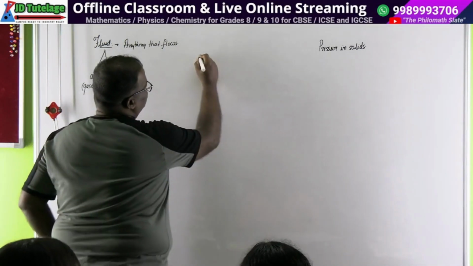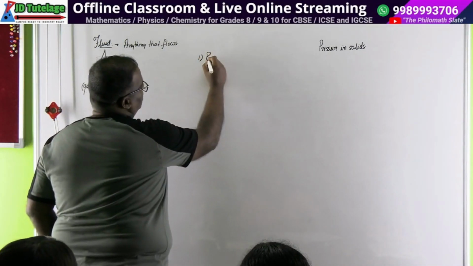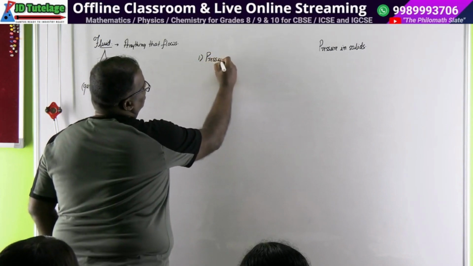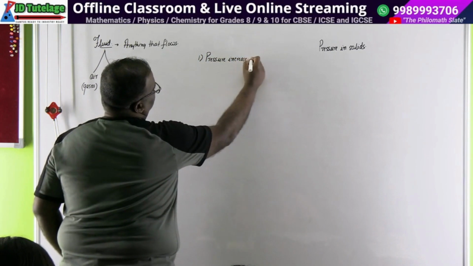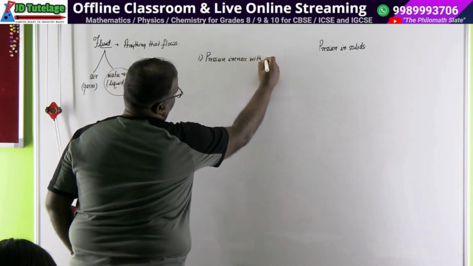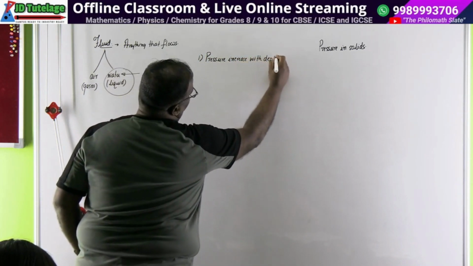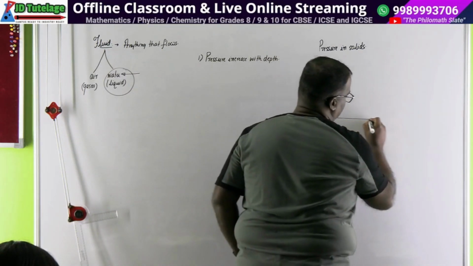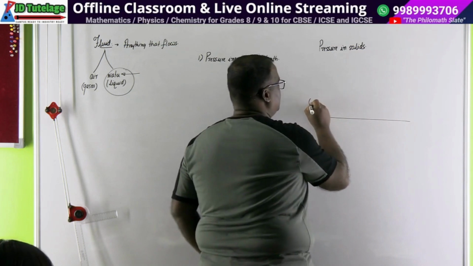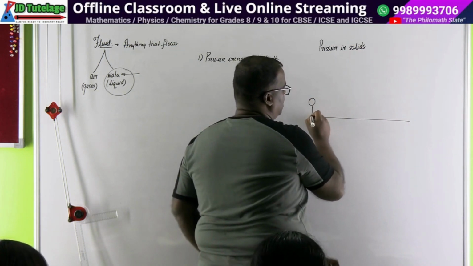Few of the things that you should know. Pressure increases with depth. Very, very necessary for you to understand. Now, let's say this is the land surface and you are standing out here.